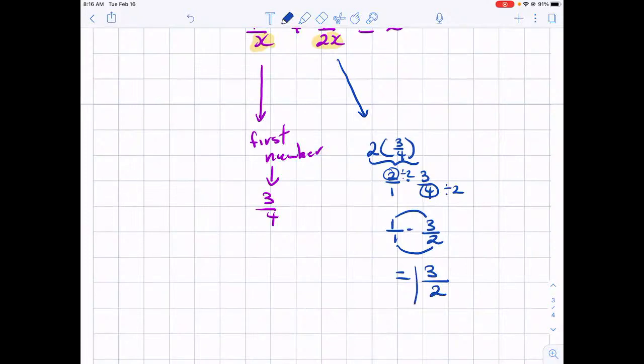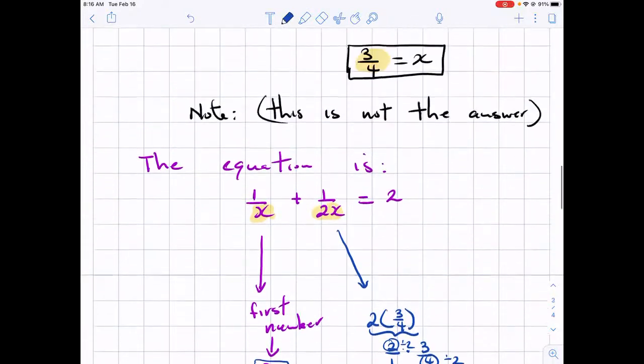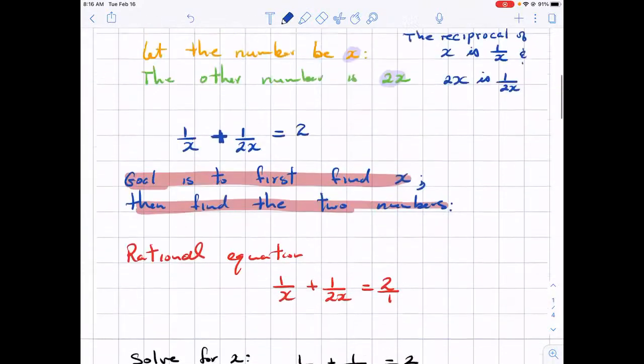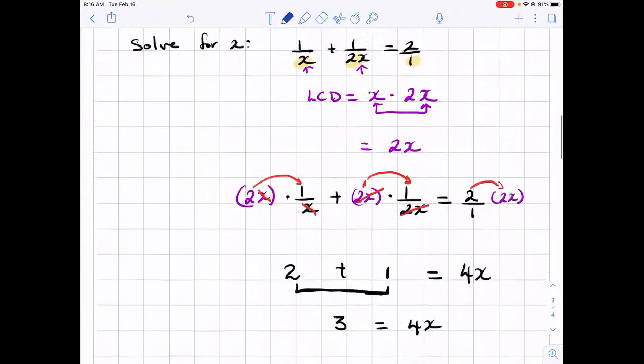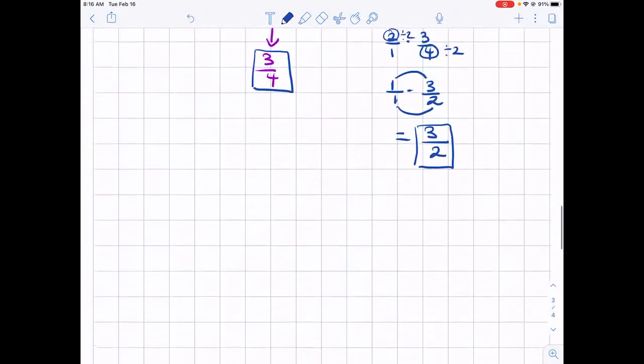So the sum of these two numbers, 3/4 and 3 over 2, is 2. Now let's see what the question asks us to find. The question said find the numbers. Not find the reciprocal, find the number.